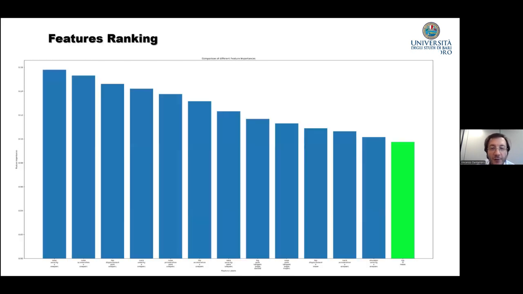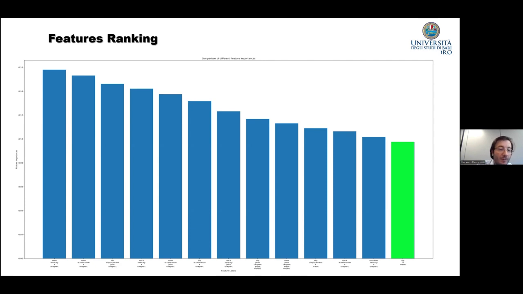This is the feature ranking. As we can see, it's actually very difficult to see, but the last one is the D component of the sigma-normal model. When we deepened the analysis, we understood that this kind of feature was capable of correctly finding people in the early stage of the disease.